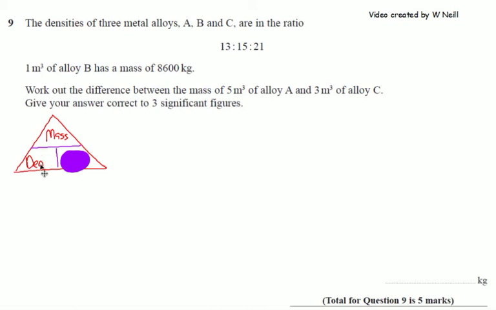So when I look at metal A, or alloy A, I have two things. I have its volume and I have its mass. So if I put that in, its volume is 1 meter cubed. Its mass is 8,600 kilograms.